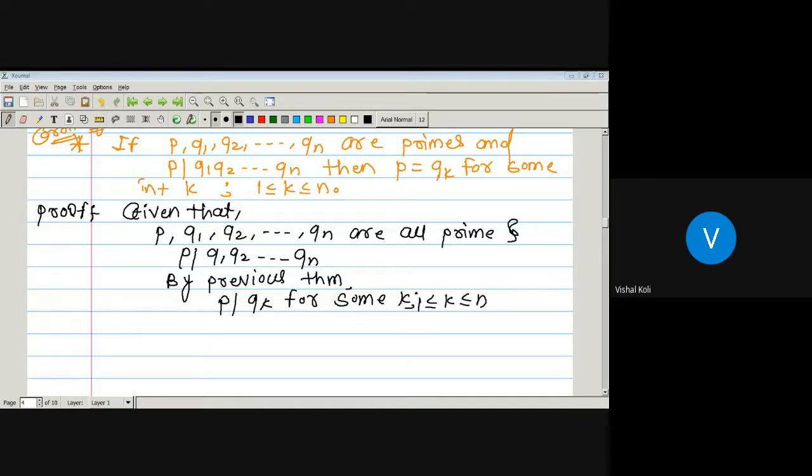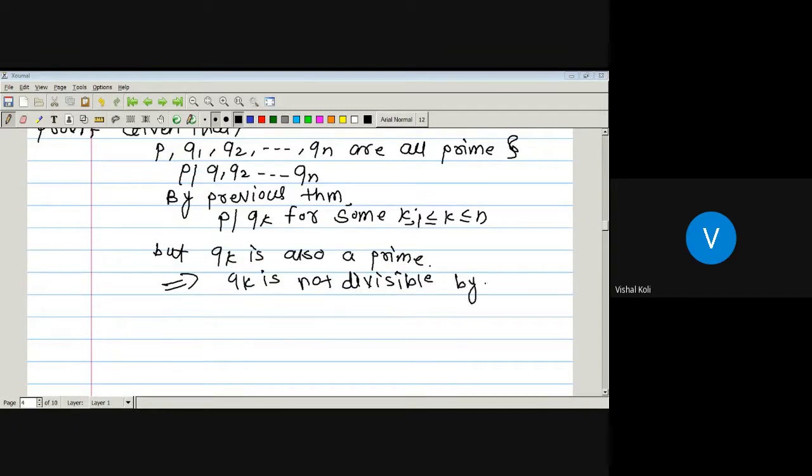Okay, so here p divides qk for some k between 1 and n, but qk is also a prime, and qk is not divisible by any positive integer other than 1 and qk.